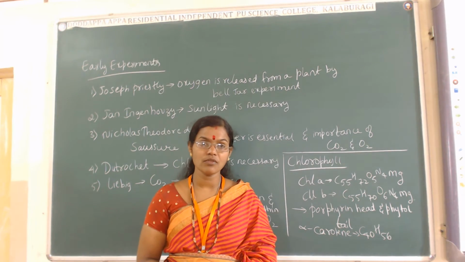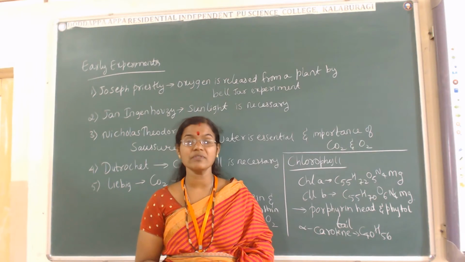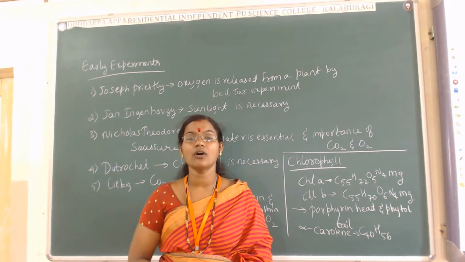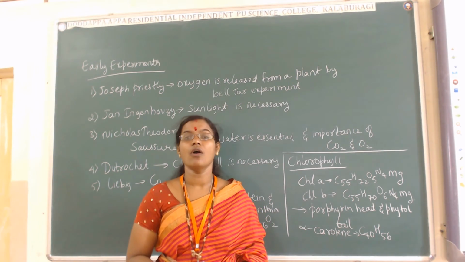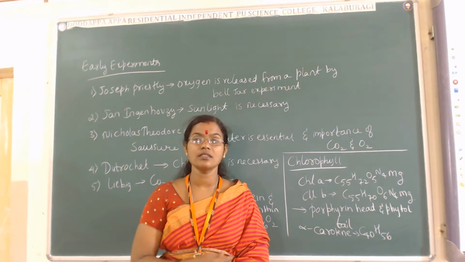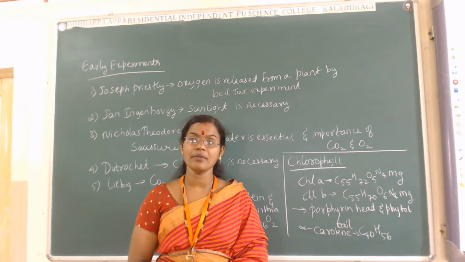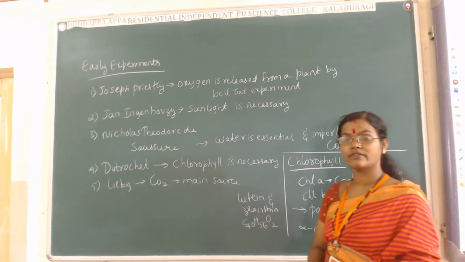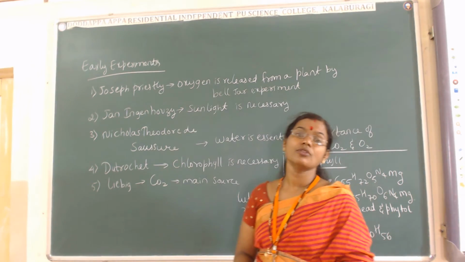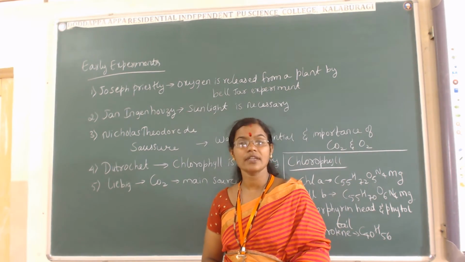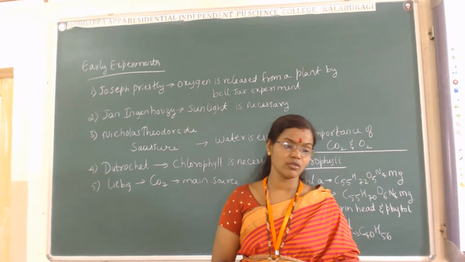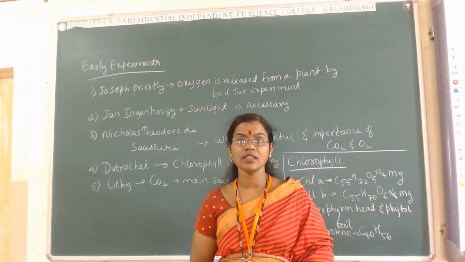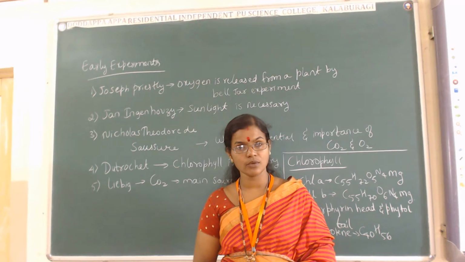These are purely based on the wavelength of the visible light. Normally the photosystem 1 and photosystem 2 wavelength ranges from 680 to 720 nanometers.